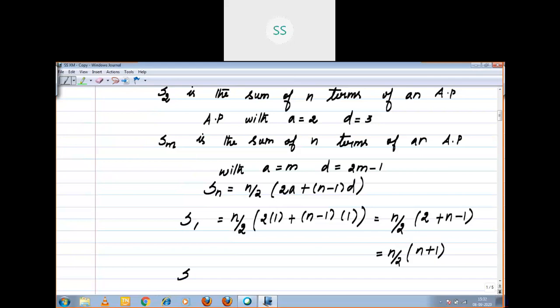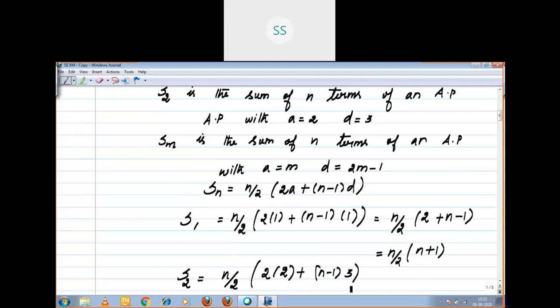Next, S2 equals, here also the sum of n terms, so n is as such. The common difference and the first term are given in the sequence, right? What is your A here? A is 2, sorry, A is 2. What is your D?